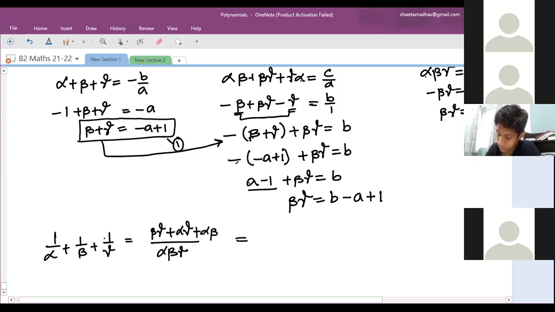The numerator value will be minus 5 by 6, and the denominator, alpha beta gamma, will be minus d by a, while the numerator is plus c by a. So this a gets cancelled. So the answer is minus c by d. So substitute the values.